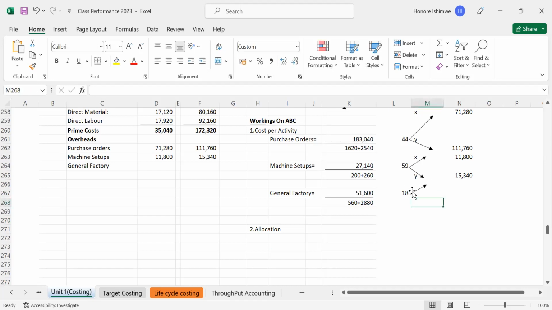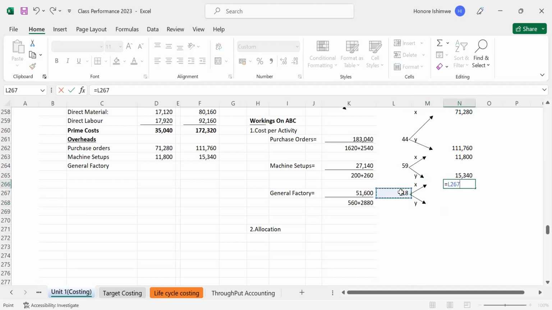So for X, we're going to have this 18 multiplied by this 560, which is the labor hours for X.